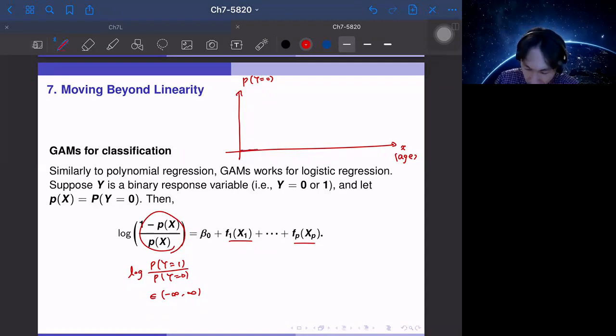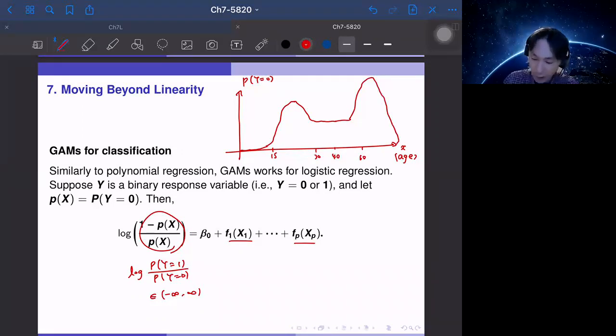Probability is very low until age 15 or something. Then after that, it goes up dramatically. Then after maybe 30 or 40, we have lower probability. But once people are retired, the probability goes up again and then goes down.